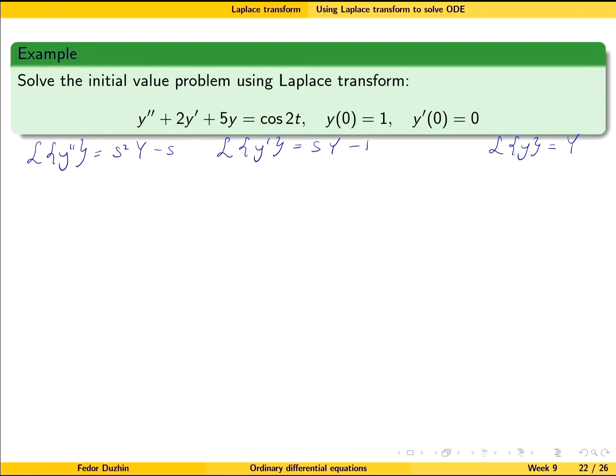Substituting into the ODE, I get s squared Y minus s plus 2 times (sY minus 1) plus 5Y equals the Laplace transform of cosine of 2t. How do we find the Laplace transform of cosine of 2t? This is usually just pre-calculated.